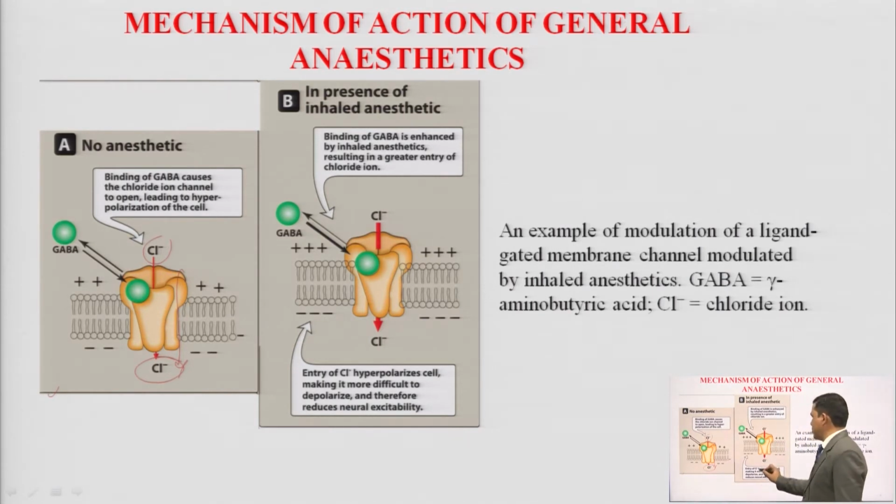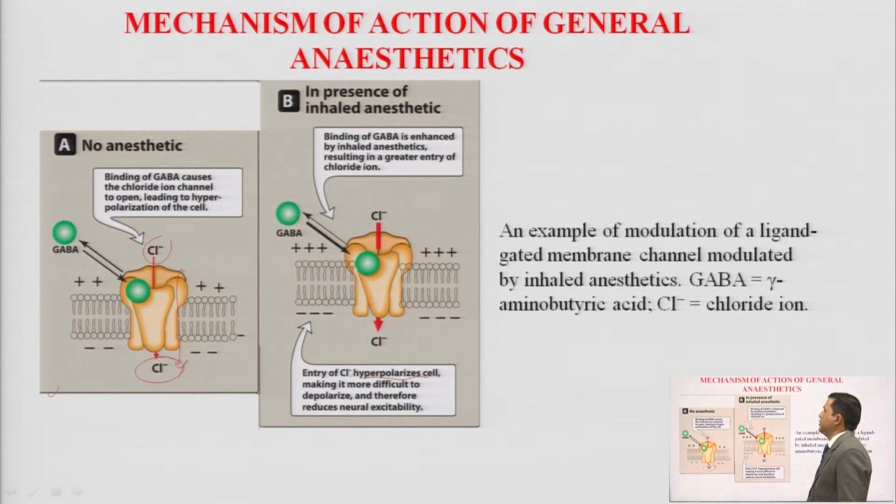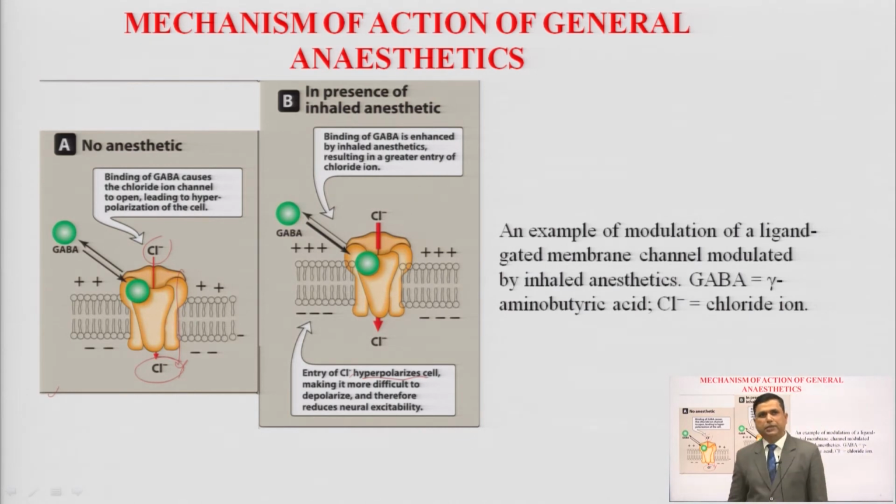Entry of the chloride ion causes hyperpolarization, making it more difficult to depolarize and therefore reducing neural excitability. So, this is the complete mechanism of action of the general anesthetics that we are using.